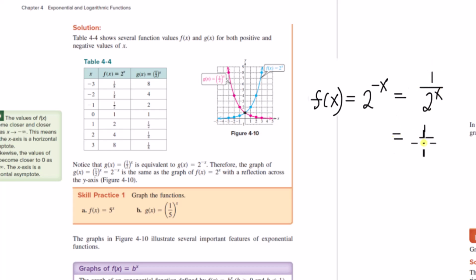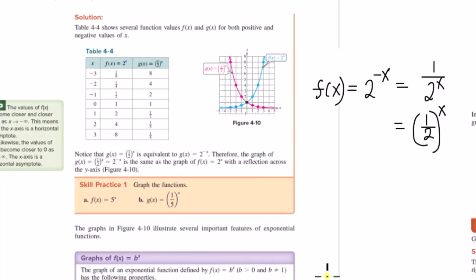And vice versa. So if you flip an exponential growth curve about the y-axis, you get the corresponding exponential decay curve with the same rate, the same equivalent bases you can think about, and vice versa, right? If we flip this about the y-axis, we'd come back to 2 to the x.